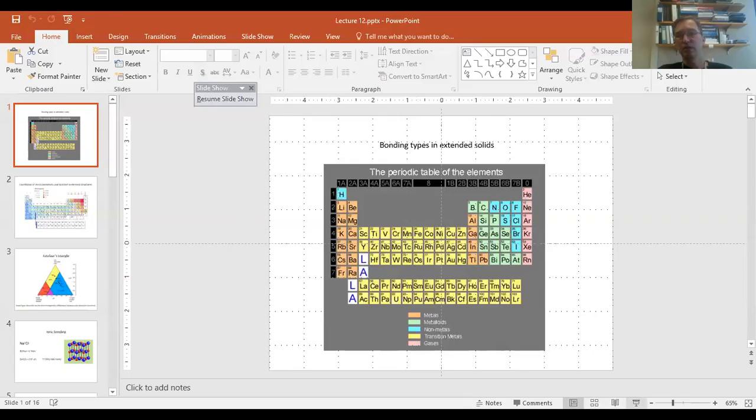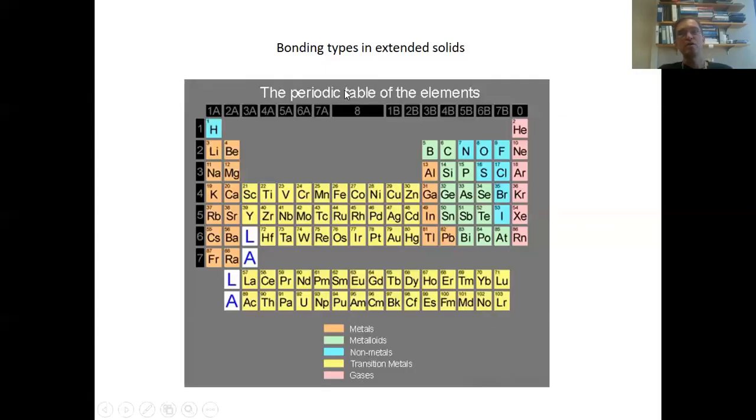Okay, so now let us go to the next chapter. And the next chapter will now be about bonding in extended solids. So now we know 3 different basic kinds of bonding.